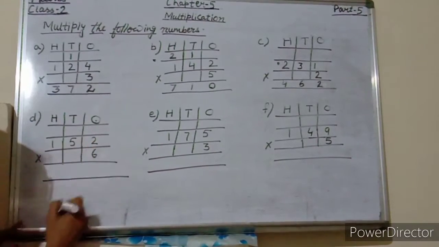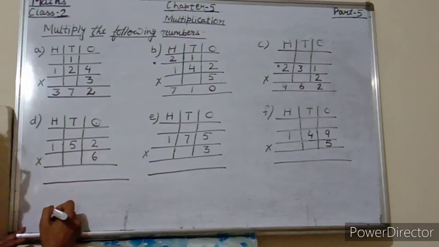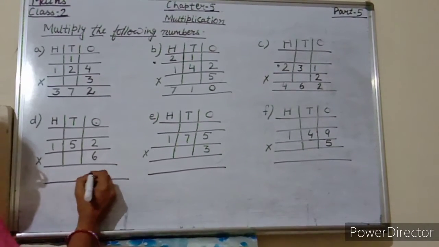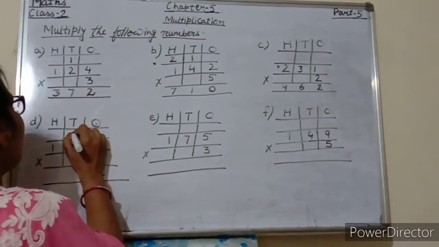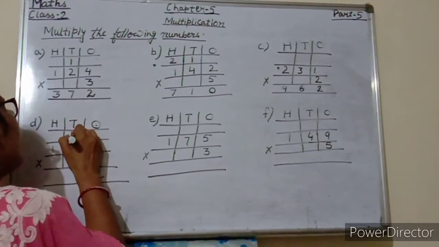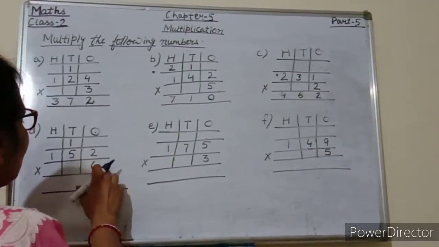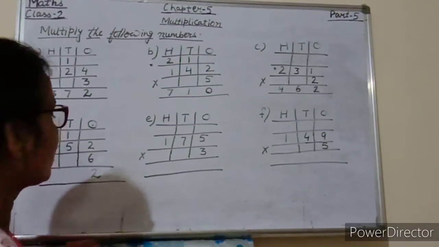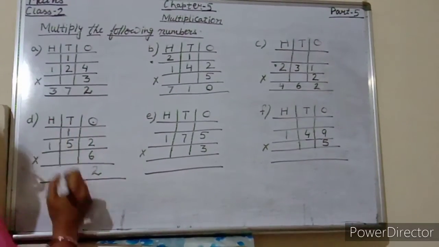Now here, 2 ones into 6 is 12 ones. So what we will do? 2 we will write under the ones column and 1 we will write in the tens place as a carryover. And 5 tens into 6, 30. 30 plus 1, 31.